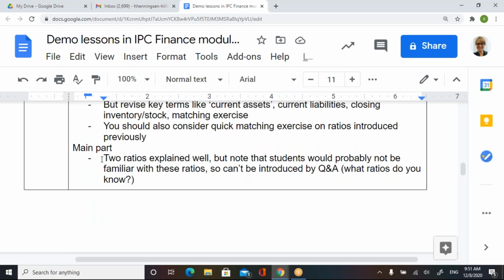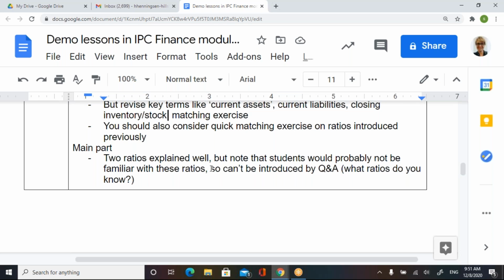I thought then going to the main part, Toro, the two ratios were explained really well. Just one note, I think you asked and Helena kindly responded, what are the two ratios for liquidity? I would argue if they are new in this lesson, that the students probably don't know them.